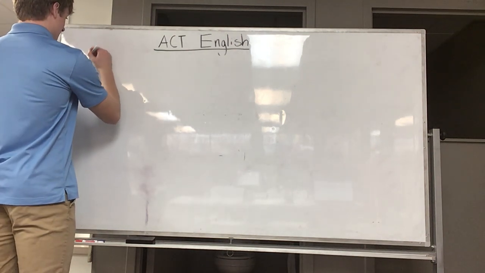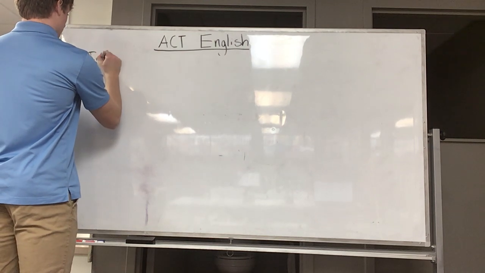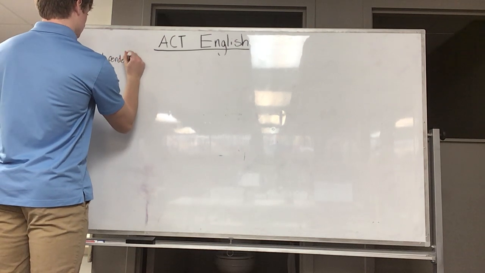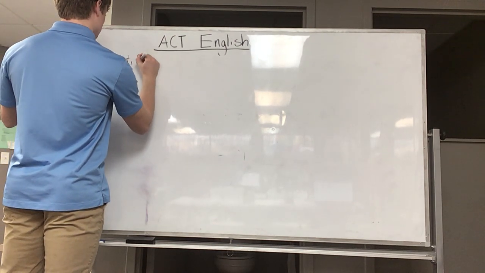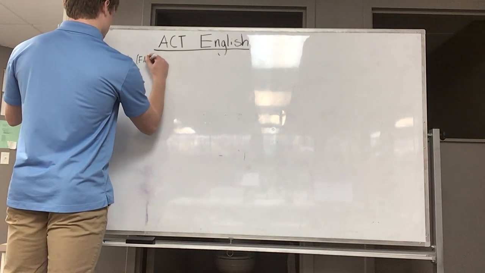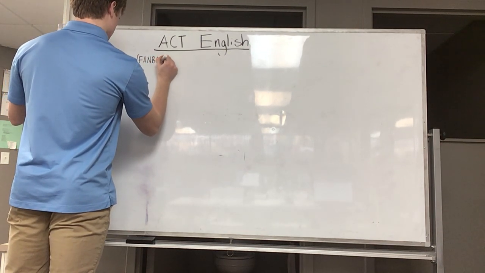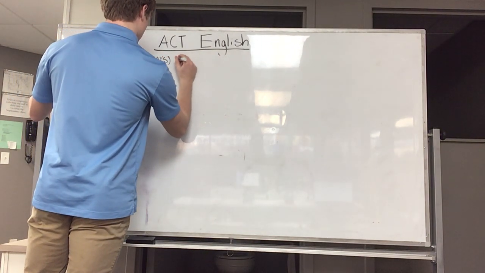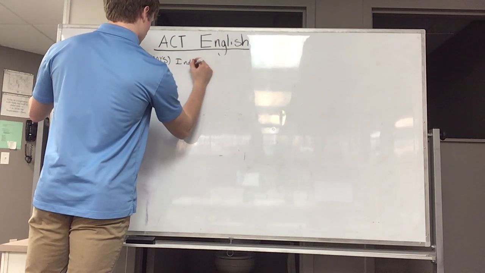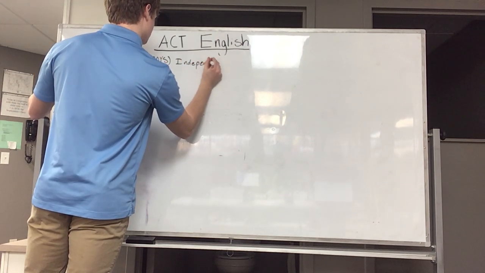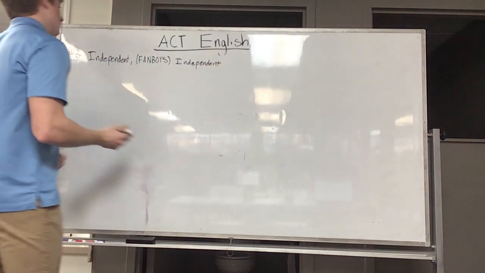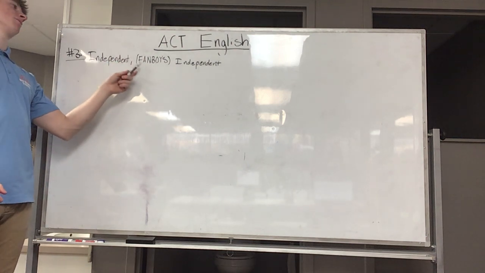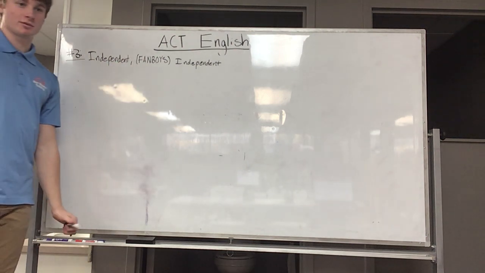So two independent clauses can be separated by a comma and then for, and, nor, but, or, yet, or so. Any of those words in between.